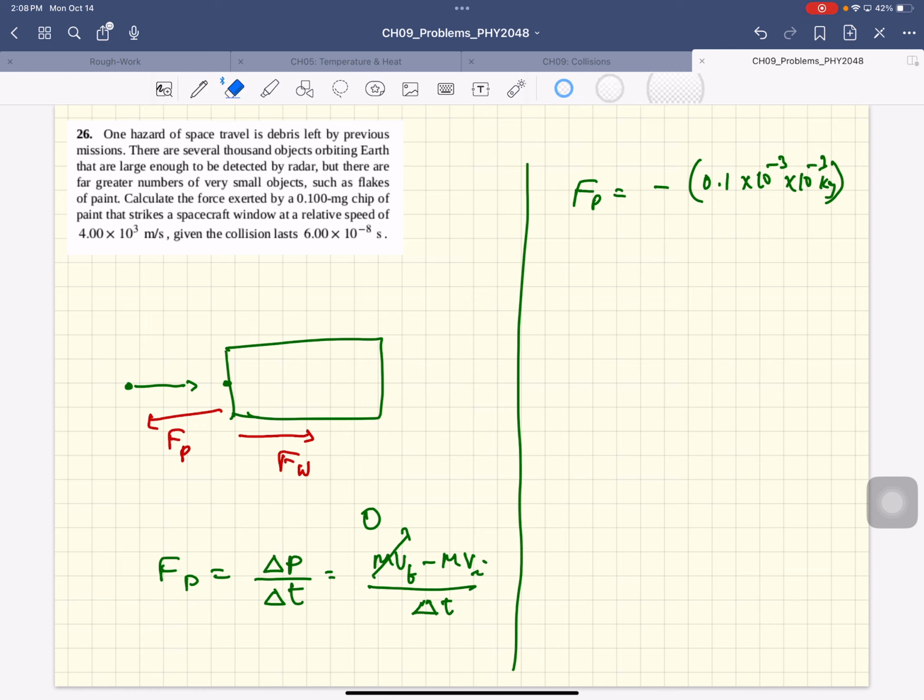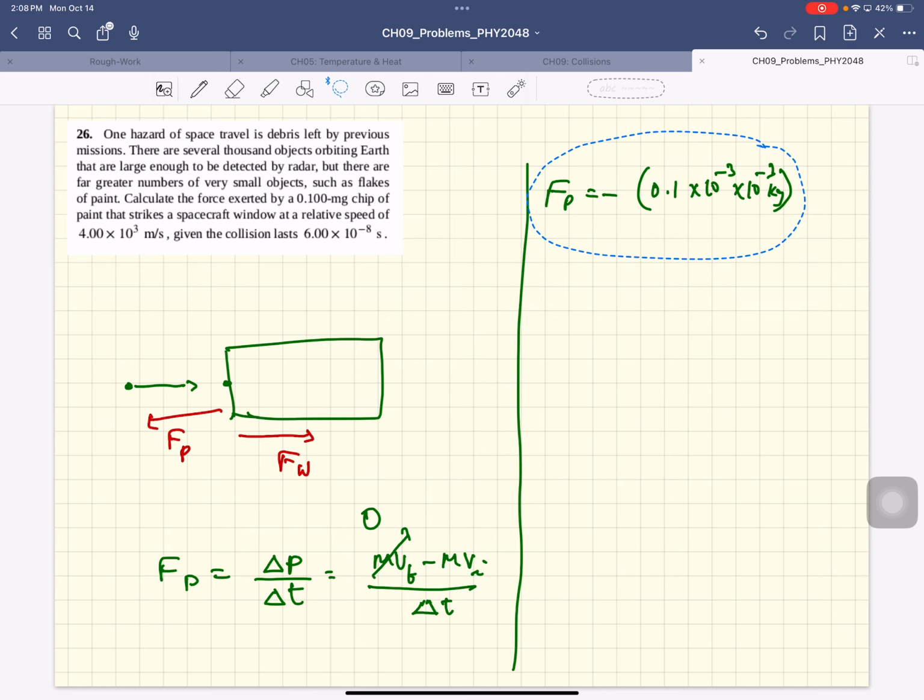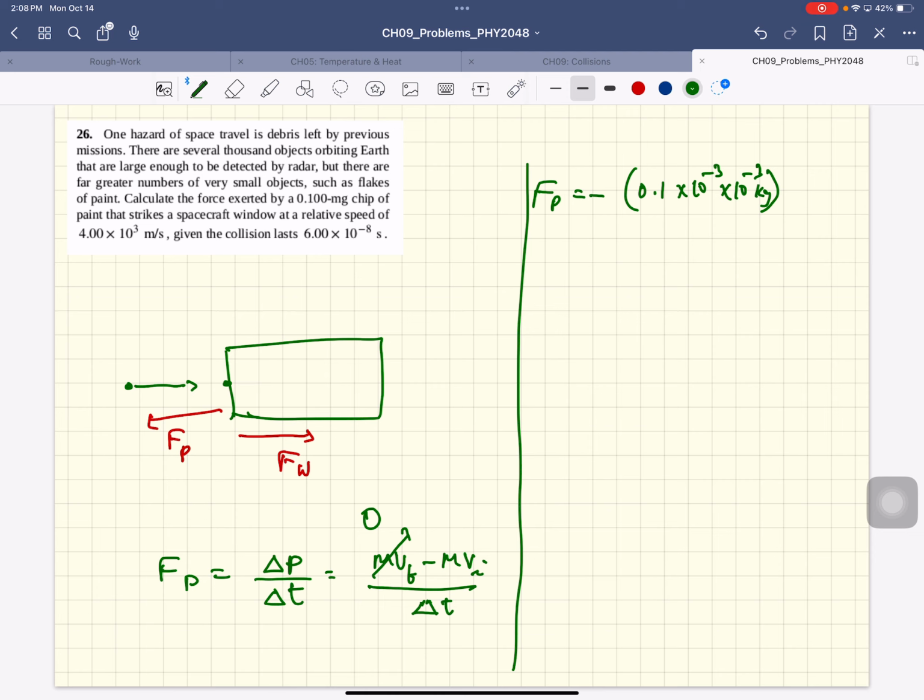Times the initial velocity. And the velocity is 4 into 10 to the 3 meters per second. And the collision time was 60 nanoseconds.